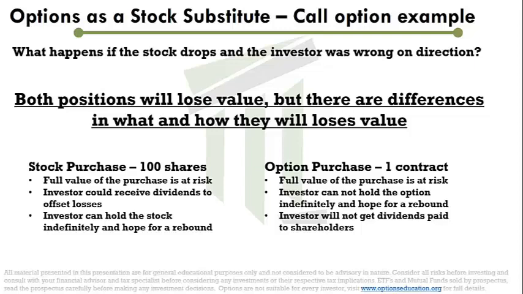So we have to understand the positives and negatives of both sides. The key here is that the investor had a target and a belief that the stock was going to move to a given point. Call options are used when we believe that the underlying security is going to rise. Let's take a look at an example of a put option.